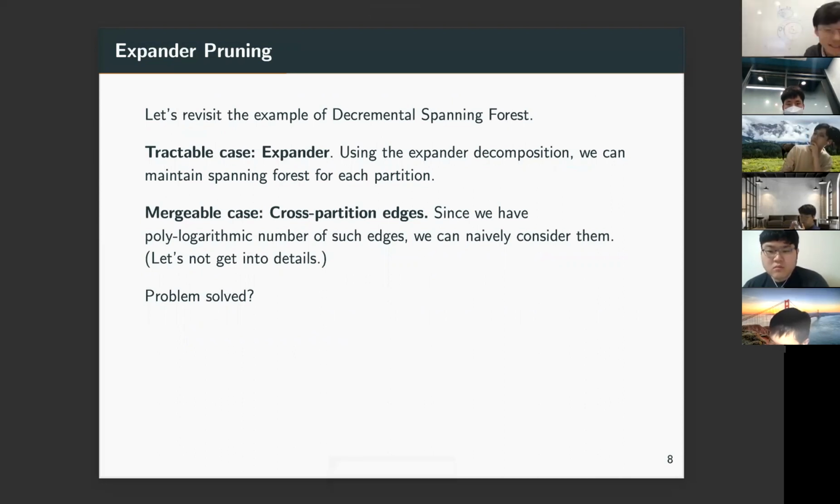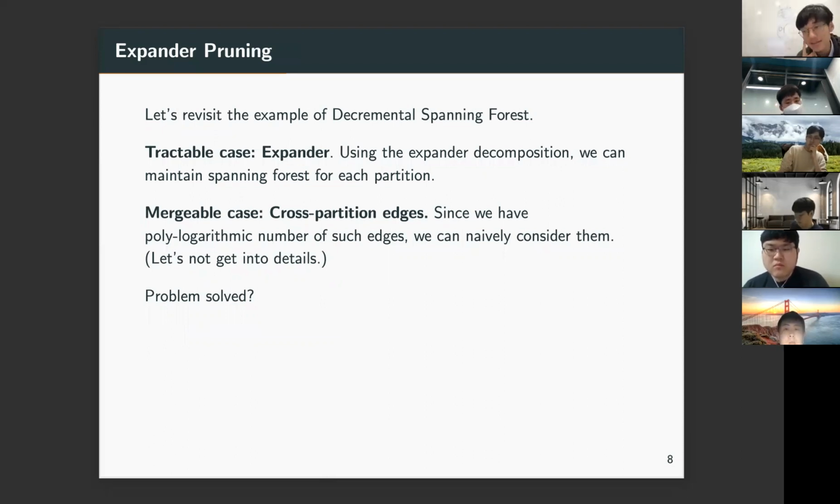It is a different thing from expander decomposition. So let's revisit the case of the decomposition of spanning forest. We can think about two cases. The tractable case is expander. Using the expander decomposition, we can maintain a spanning forest for each partition, as we mentioned before.